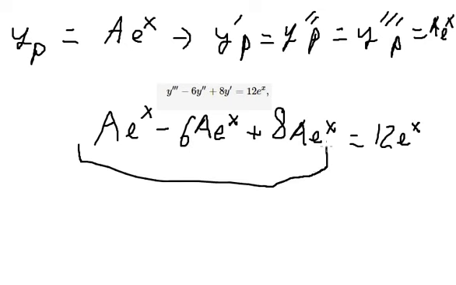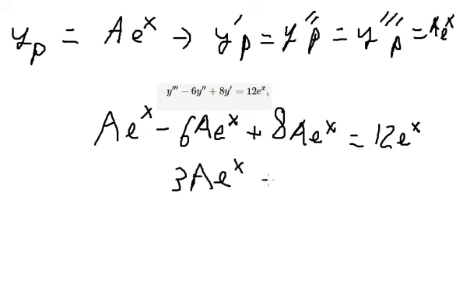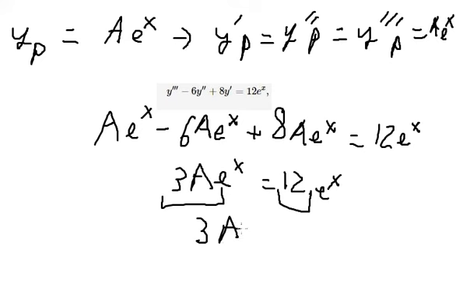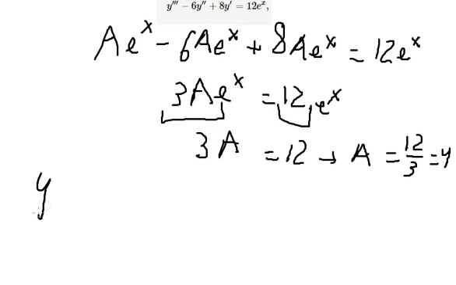We sum everything in here, and we have 3a e to the power of s equal to 12 e to the power of s. So 3a should be equal to 12. So we divide both sides by 3, and we get 4. So yp in here is 4e to the power of s.